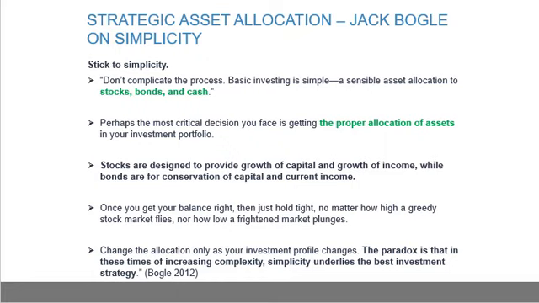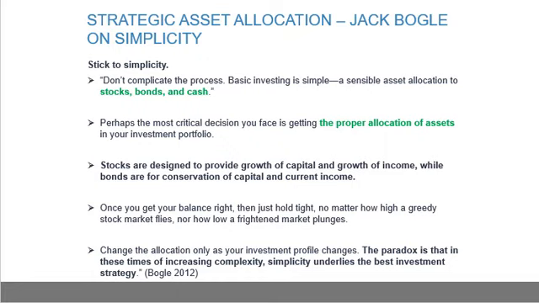Here are some quotes from Jack Bogle, a famous American investor, with regards to simplicity. Stick to simplicity. Don't complicate the process. Basic investing is simple, a sensible asset allocation to stocks, bonds, and cash. Perhaps the most critical decision you face is getting the proper allocation of assets in your investment portfolio.